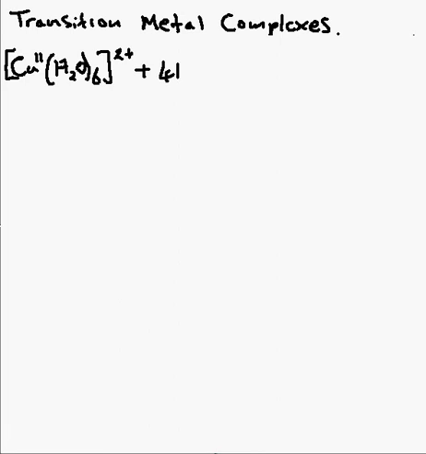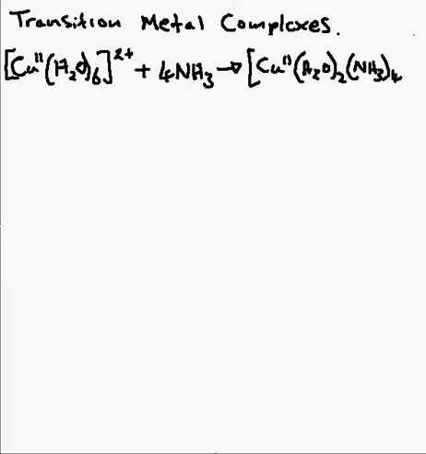Now if we add something like 4 ammonias, NH3, the product we're going to end up with is copper, still 2 plus, no change there, and 2 H2Os, water, and 4 NH3s. And as NH3 is neutral as well, this is still 2 plus.